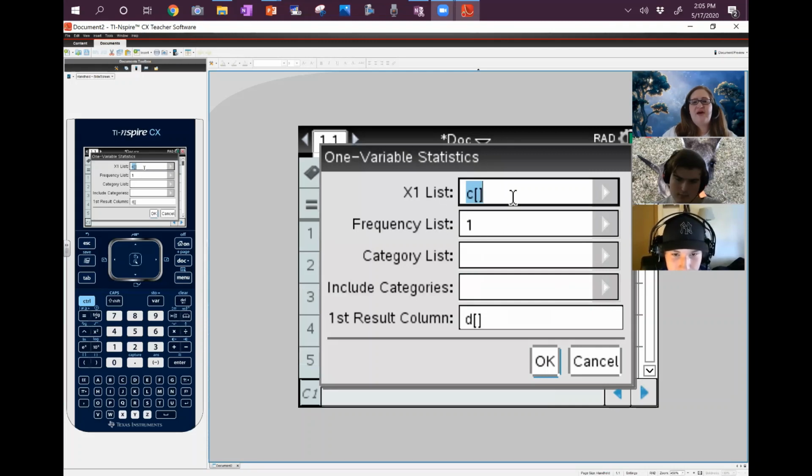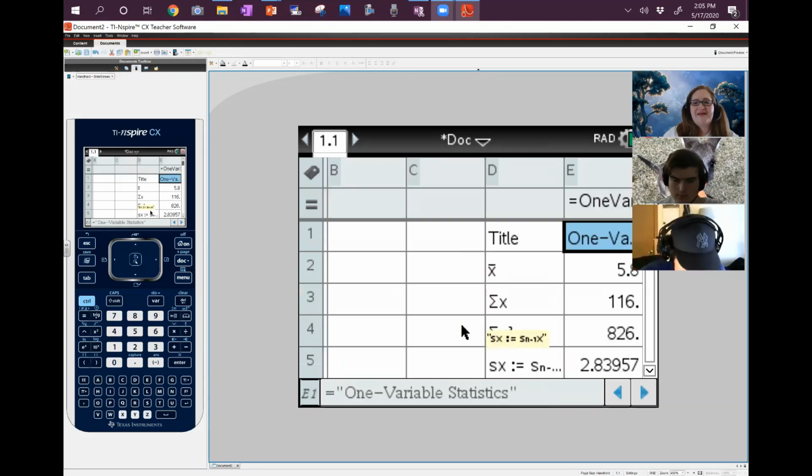And then you have to tell me what list it is. So in this case, I can just do a lowercase a because I renamed the list A. There is a special way to do it without renaming the list, but I'm too lazy to teach that. Just easier this way. Okay, press OK, and now we get to see if Teddy did it right.